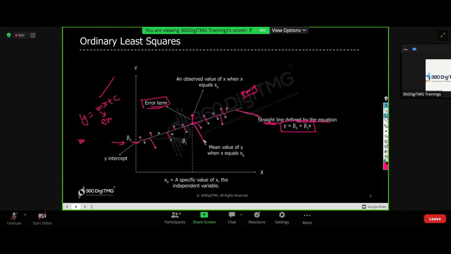This is supposed to be the mean value of y when x equals x0, and this is the observed value when x equals x0. So these are the different values of x, represented by x0, x1, and so on, the values of the x variable, these data points.